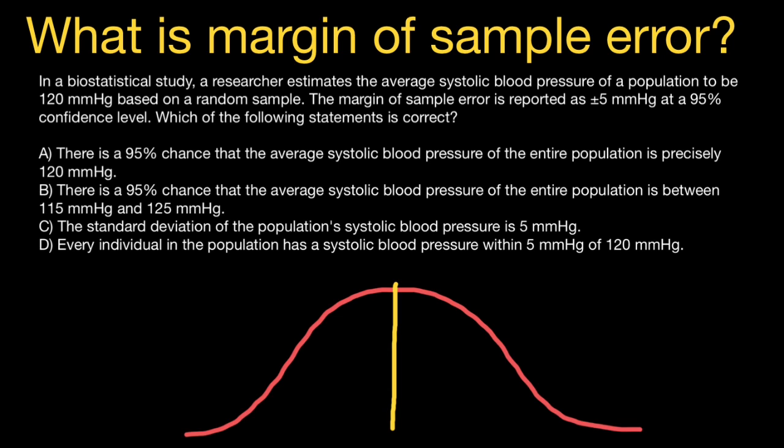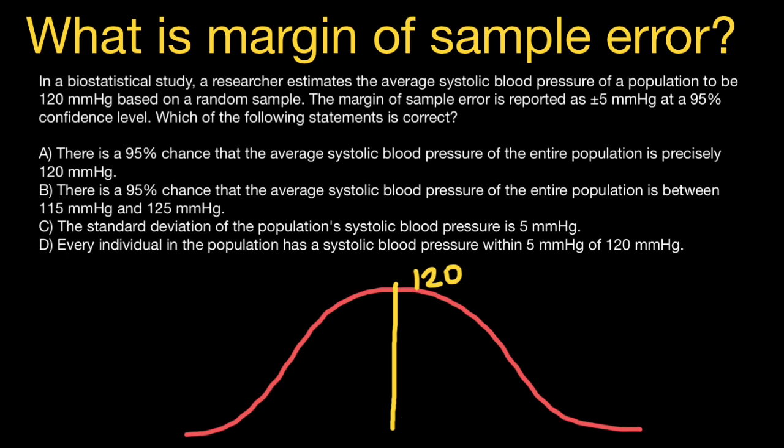And according to our sample, it is 120 millimeters of mercury. But because this line represents only a sample, it's not necessary that the true population mean is also going to be here. It can be slightly to the left or slightly to the right.